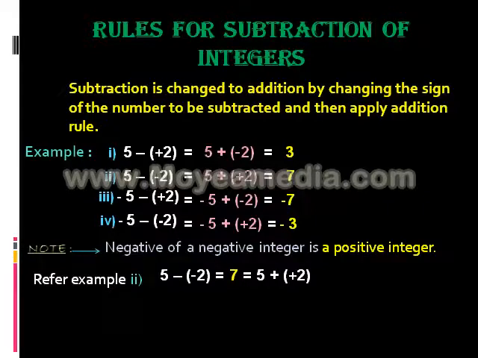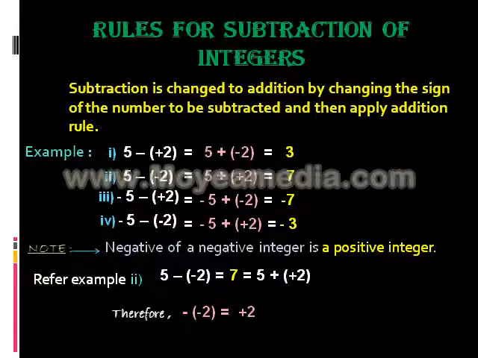On the other side, using the addition of integers rule, you know 7 is 5 plus 2. So can we conclude, if we cancel 5 from both sides, the left hand and extreme right hand side, that negative of negative 2 is plus 2? So negative of negative is positive. That's how we can conclude this.